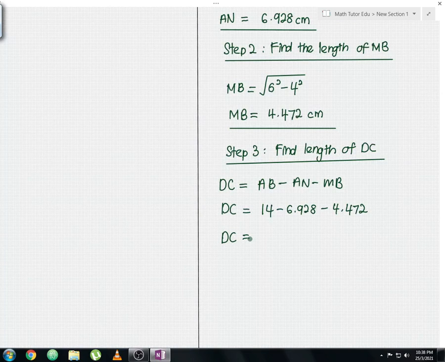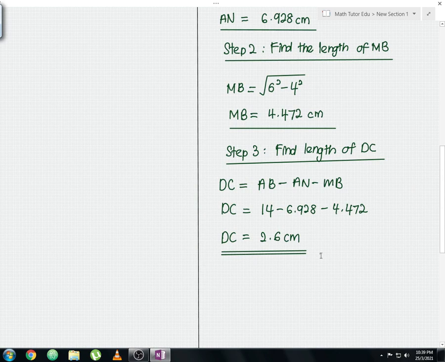From here you should get your length of DC is equal to 2.6 centimeter. Let me underline the solution for the question part C. So that is all for the step-by-step working and solution for the question part C.